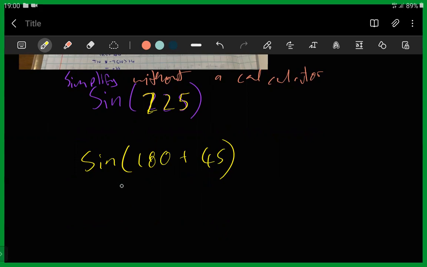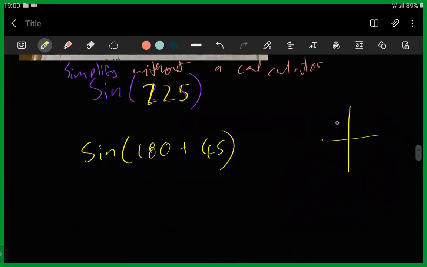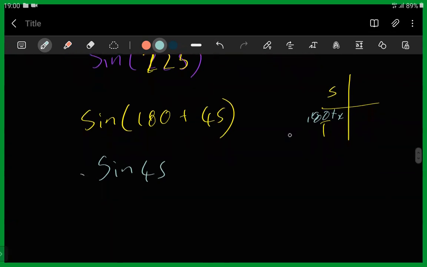So here you know that 180 plus lands you in the quadrant where sine is negative. A 180 plus quadrant is here, so this is just going to be negative sine 45, because if you're coming from sine at 180 plus anything, it gives you a negative sine.